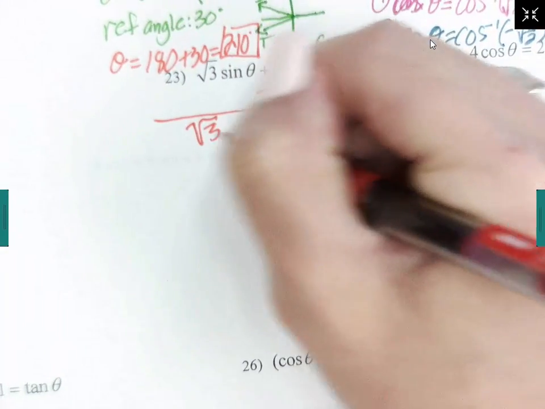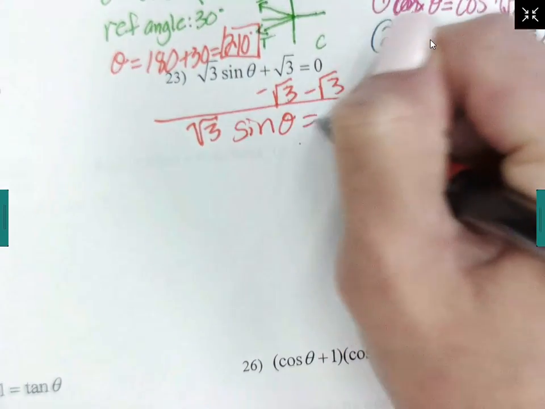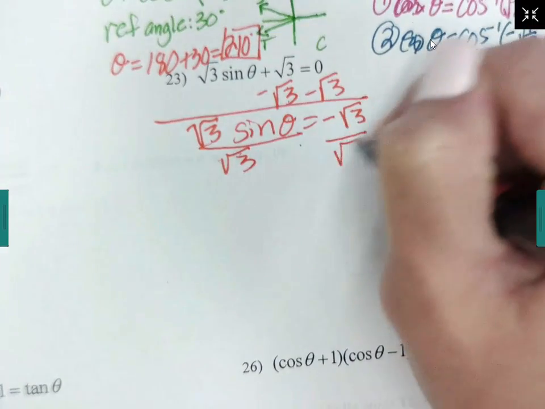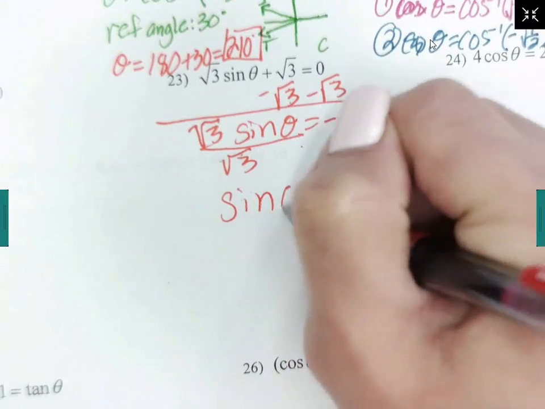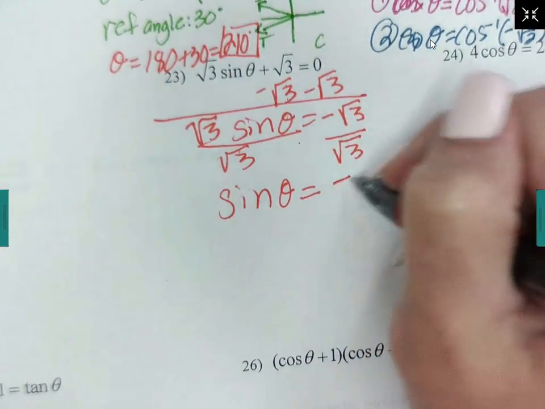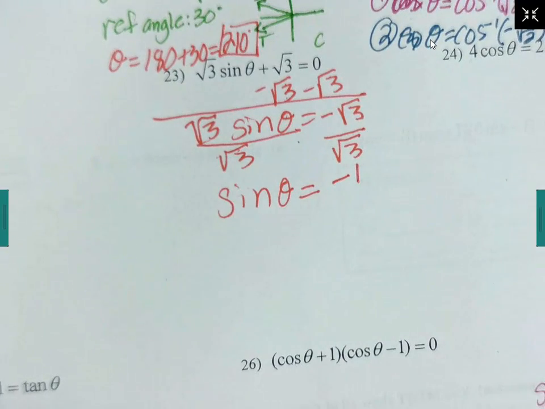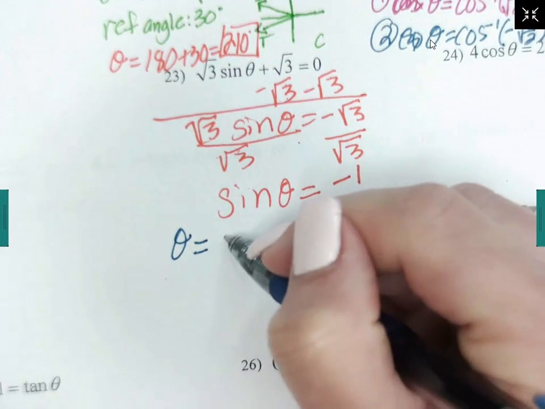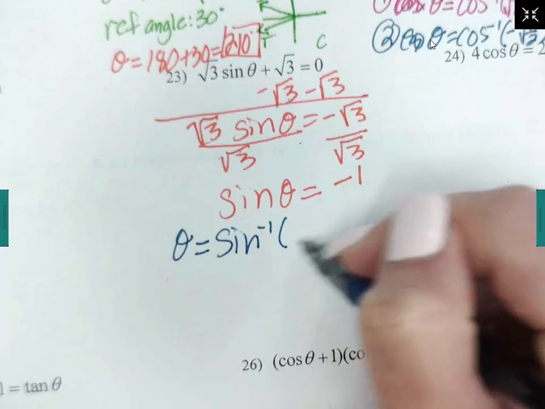And that gives us the square root of 3 times sine of theta is equal to negative square root of 3. We divide both sides by the square root of 3, and we get sine of theta is equal to what? Negative 1. And that's just me solving an equation, right? Now, what do we need to do now? Right, very good. So theta is equal to the sine inverse of negative 1.